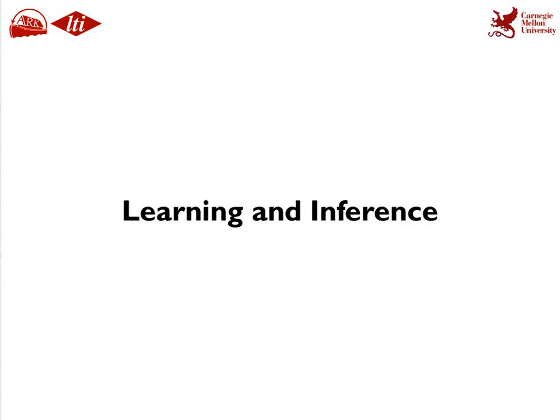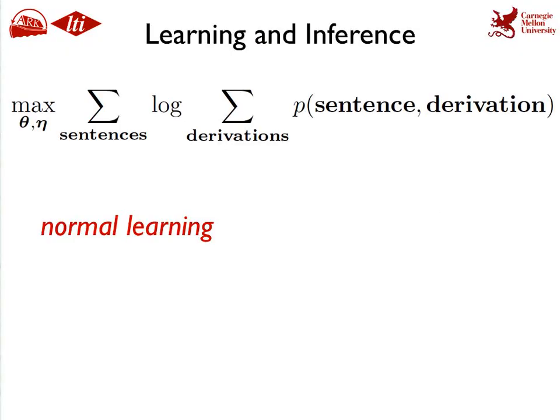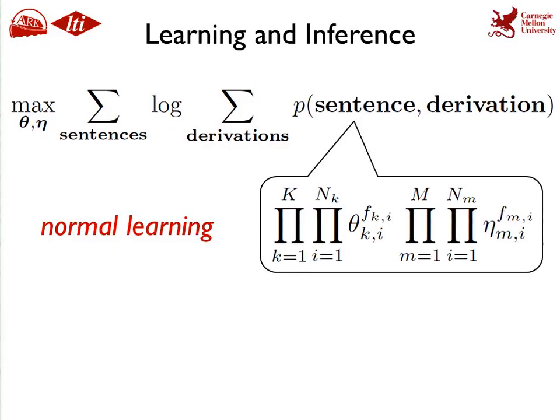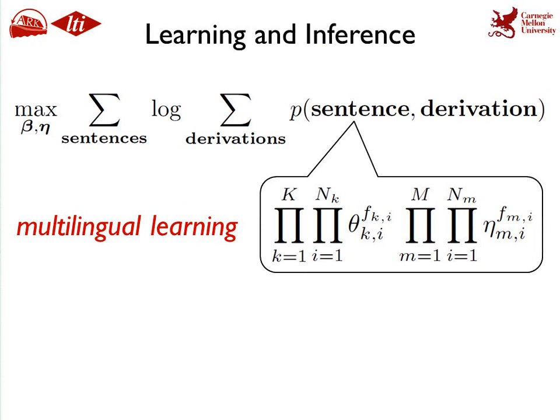Now how can we perform learning in this setup? It is straightforward. In general, for normal learning, we try to maximize the marginal log likelihood of the data, and here the probability of the sentence and the derivation is this product of all the parameters that we saw before. In case of multilingual learning, it is the same, except that now we optimize over beta and eta.